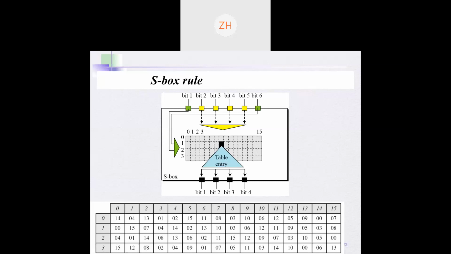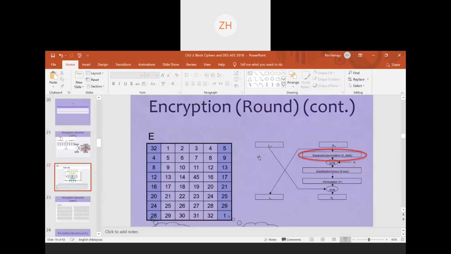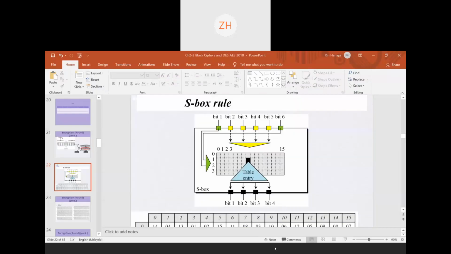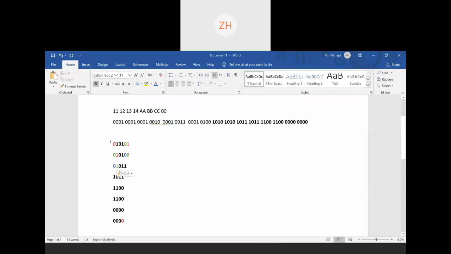Example. We go for our example just now. Assume, we just assume. Now it's 6 bits, right?